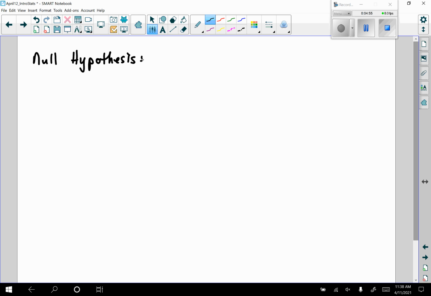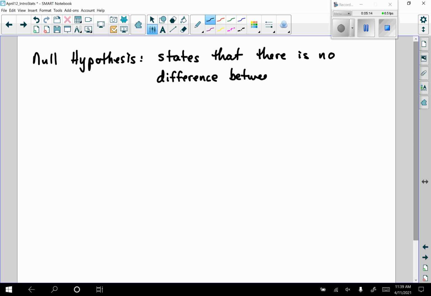So this is a statement that says there's no difference between a parameter and a specific value, or there's no difference between two parameters.